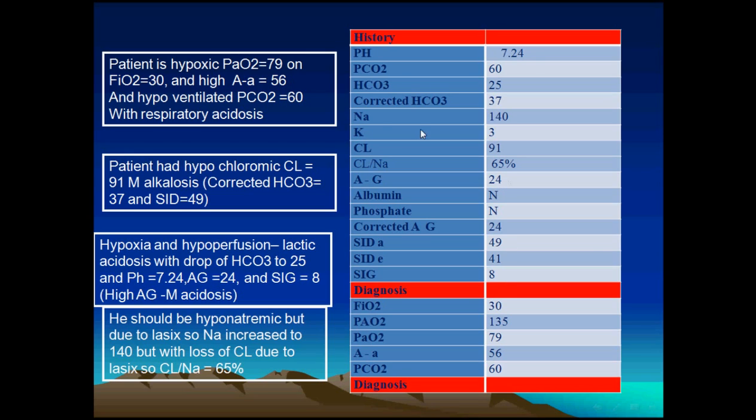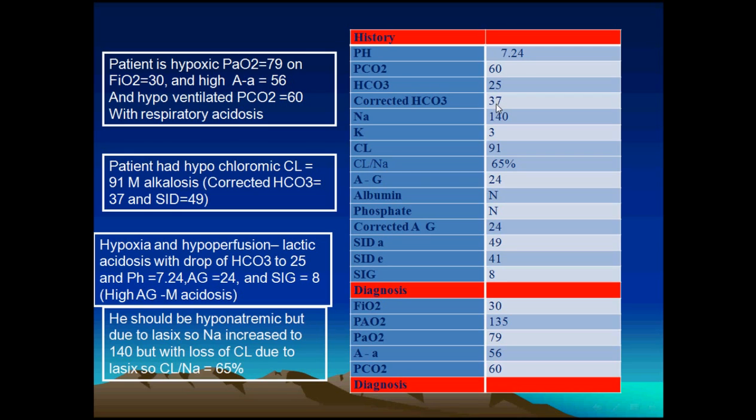Why? Because when you calculate the corrected bicarbonate, it equals bicarbonate plus the anion gap, which is 24, minus 12. This means that the corrected bicarbonate is 37.